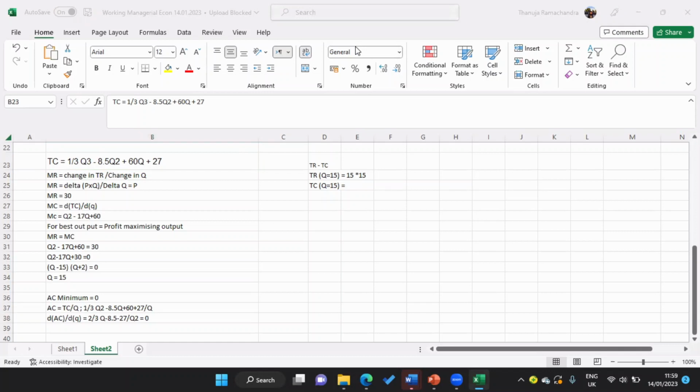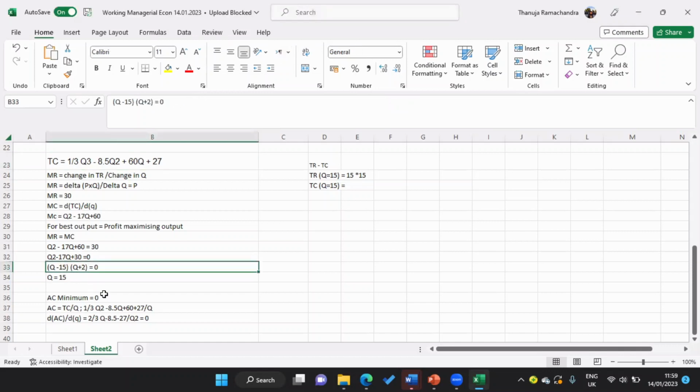Q equal 2 as well. Where, from this one? Minus 15Q plus minus 2Q is minus 17Q. Minus 15 into minus 2 plus 30 here.